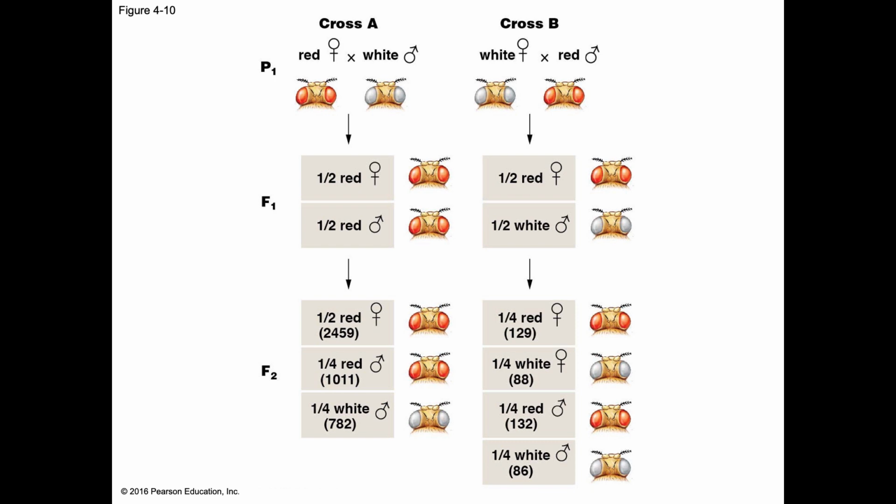And so let's take a look and say we're looking at this example. And I'll show you how to do the Punnett square for something like this. So based on his experiments, we know that the gene encoding eye color in fruit flies is on the X chromosome. It's a sex-linked trait. And so we're going to cross a female with red eyes with a male with white eyes. And what we're going to assume in this case is that both of these are true breeding.